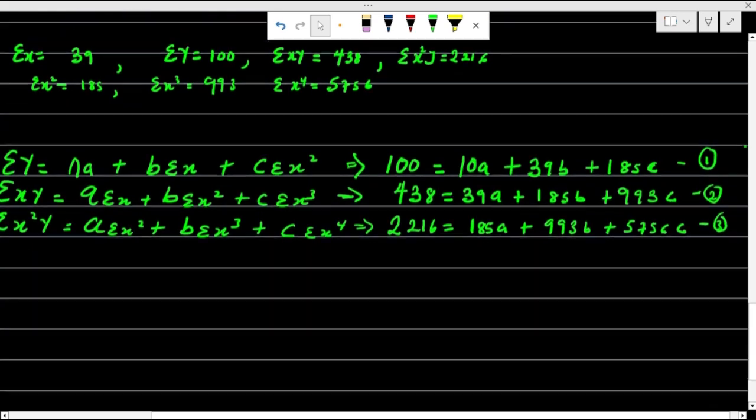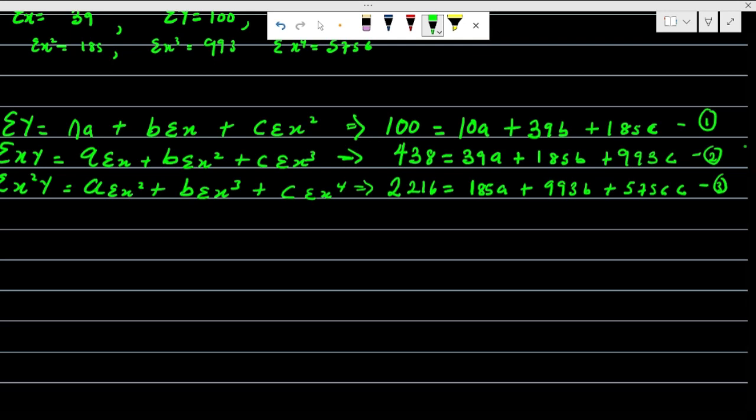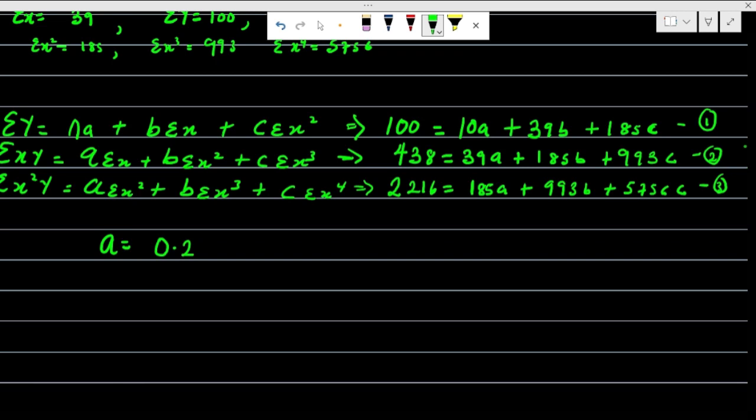So when we solve them simultaneously, at the end of the day we are going to have our value of A. When we solve it correctly, our value of A will be 0.2709.